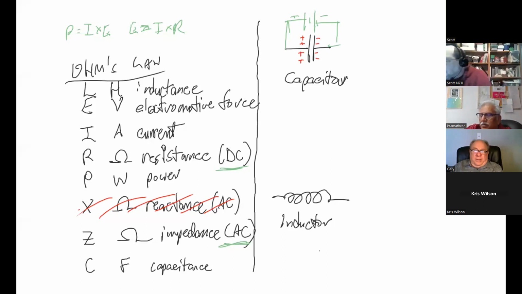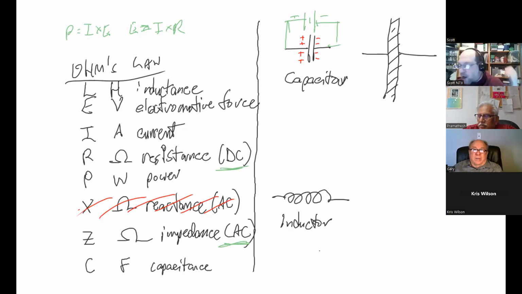So now let's take a look at the actual capacitor. So this is a capacitor. These are two metal plates, and in between them is a material that does not conduct electricity, called an insulator. That can be air, it can be plastic, it can be mica.